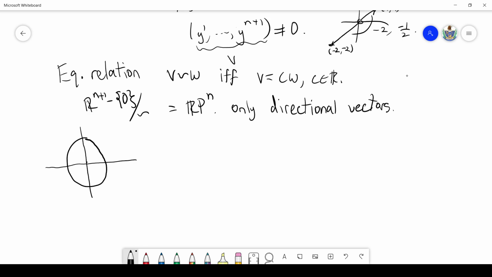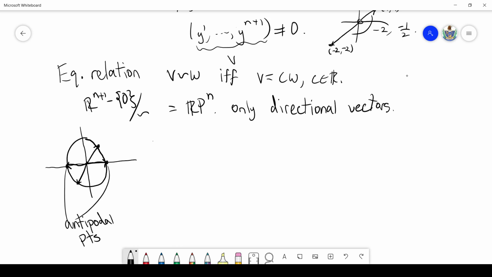If we start with a sphere, then any two antipodal points, so these are called antipodal points, are going to have equivalent direction vectors, right? And we get all of the direction vectors just by tracing along S^n.